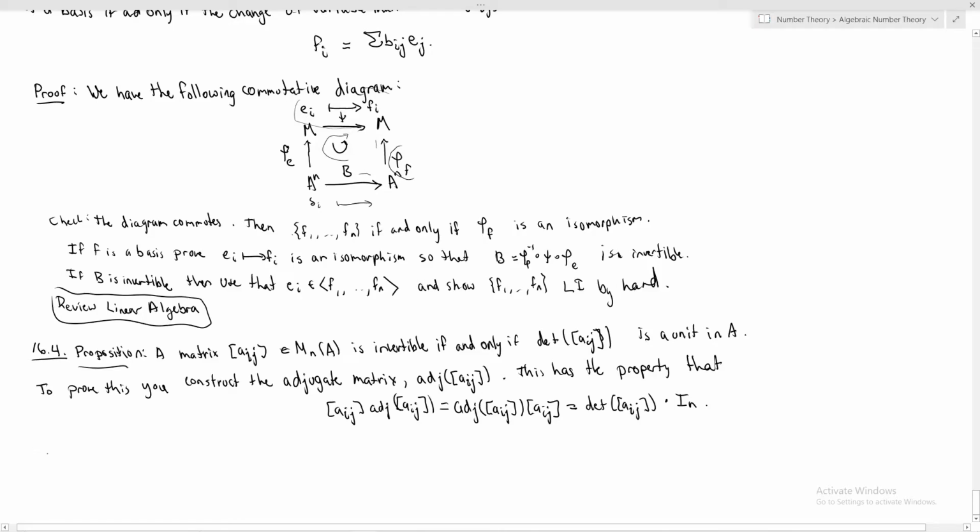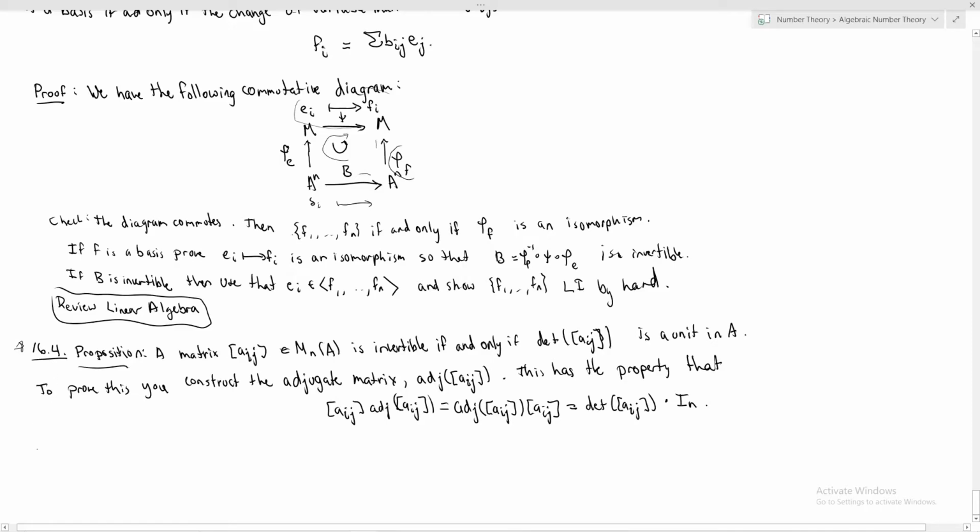Okay. So this proposition is useful because to check if a matrix is invertible, I just have to compute one constant, the determinant.